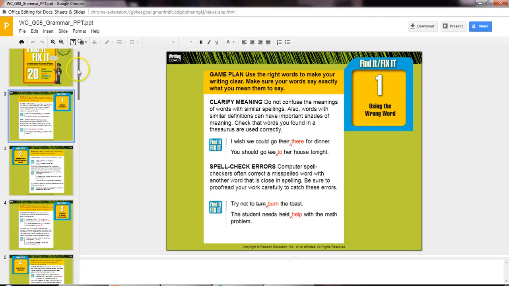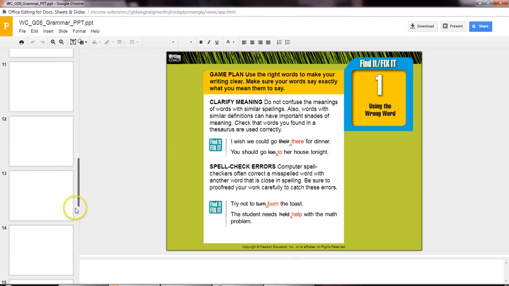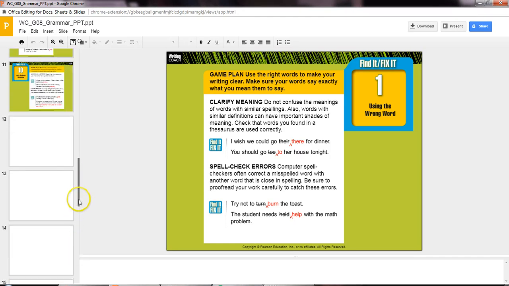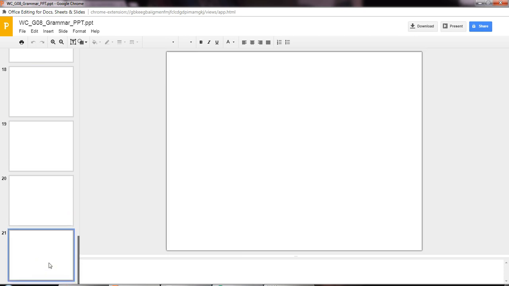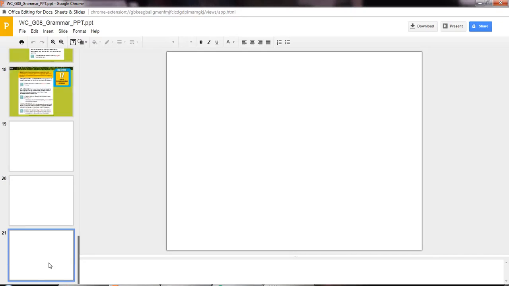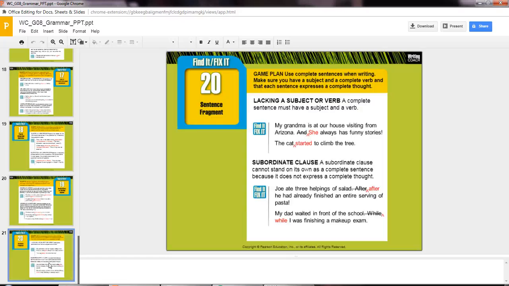One last error, we would go down to grammar game plan number 20. Which is going to tell us that she does not have a complete sentence. This is a sentence fragment.